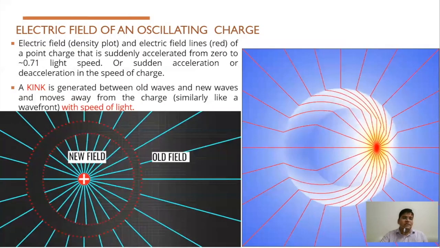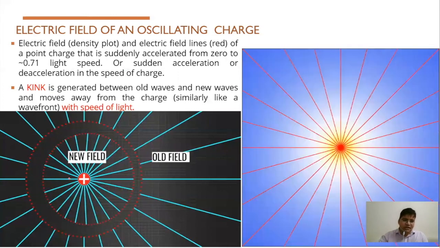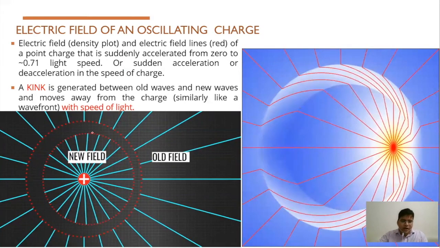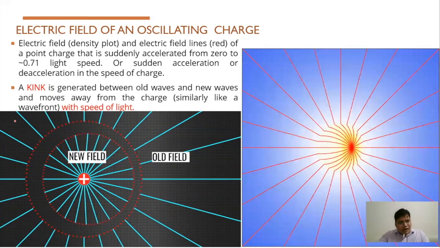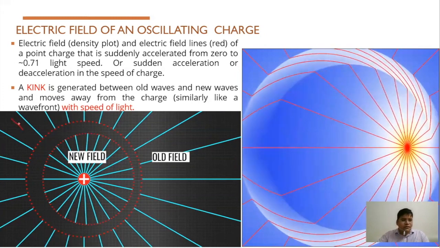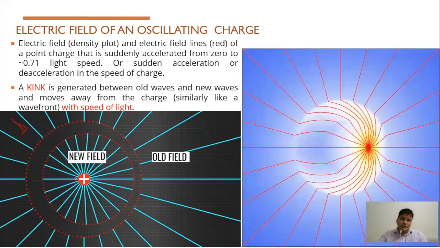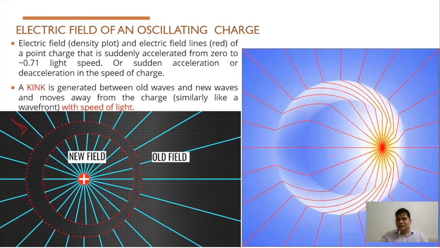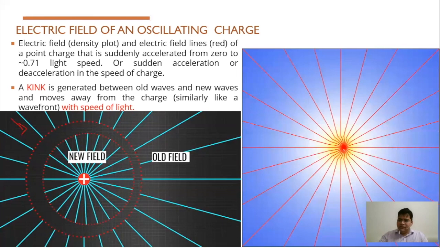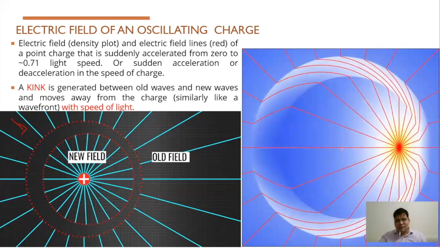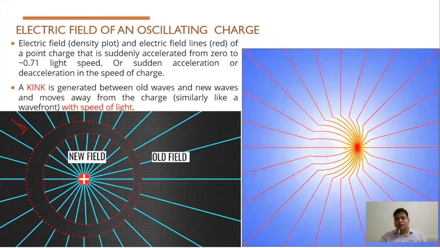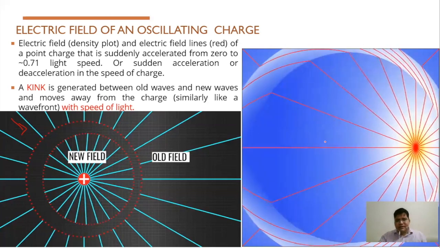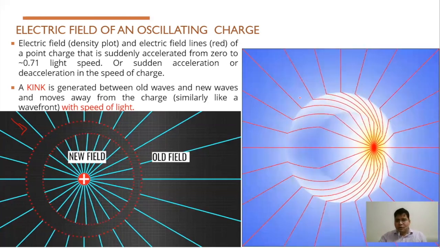First of all, I would like to draw your attention towards this figure. Suppose there is a stable charge. You can also see this GIF file. Initially there was a charge, it was stable, and it starts to move. So what happened? There is a difference between old and new fields.